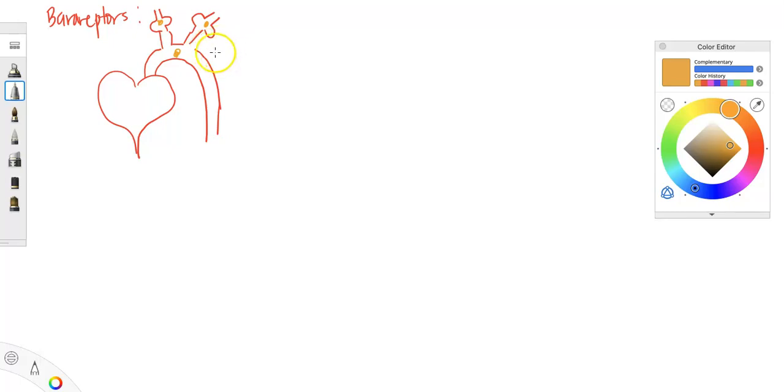So this is the arch of aorta. This is the carotid sinus. Carotid sinuses. Okay, so these receptors are linked to neurons that take information about the stretch of these vessels back to the cardiac center in the medulla.